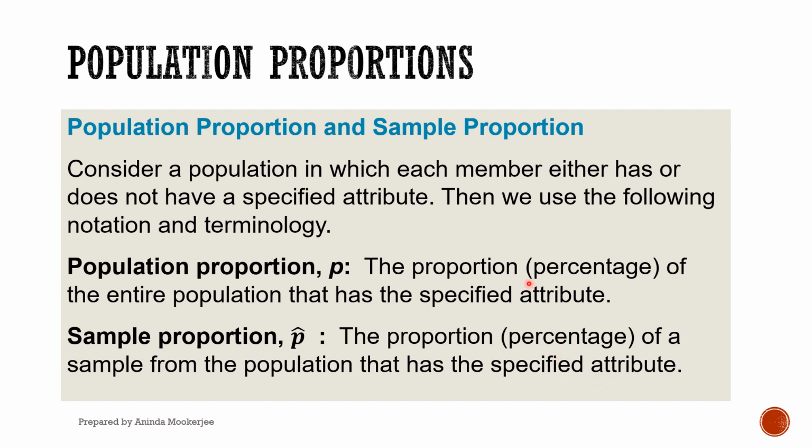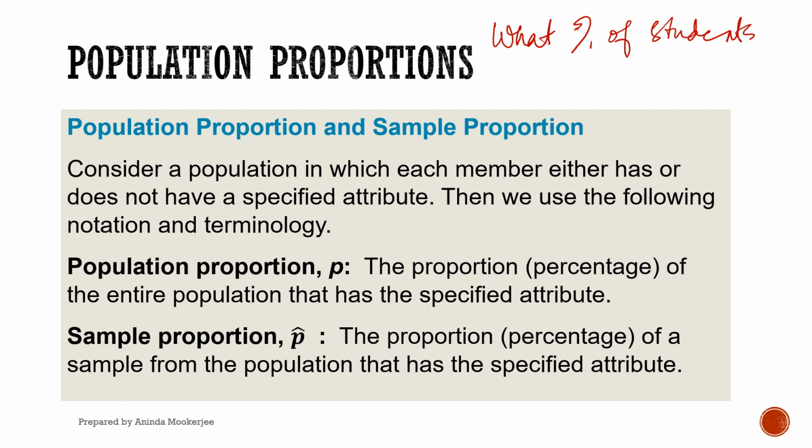In these kinds of studies, our study is looking for a specific characteristic that the sample is supposed to meet. All right. So let's say, for example, we want to assess what percentage of students pass a course.